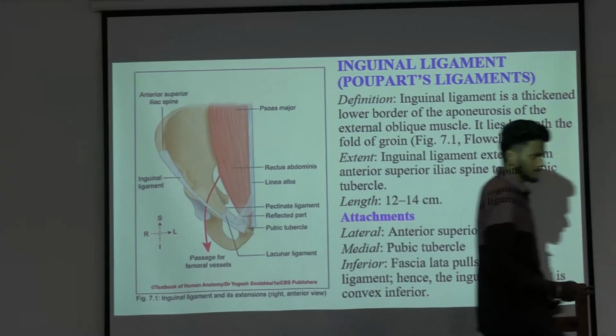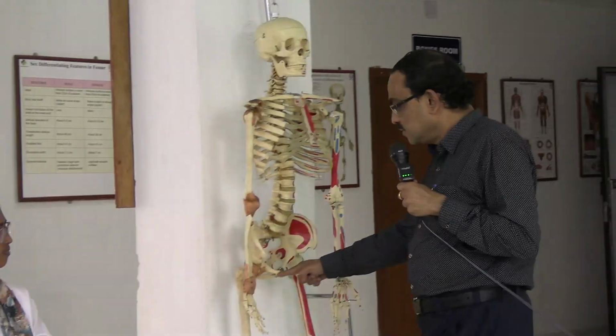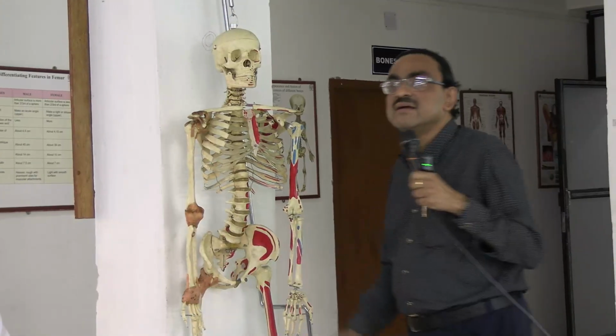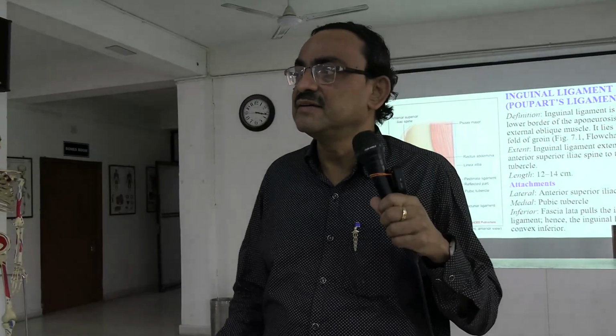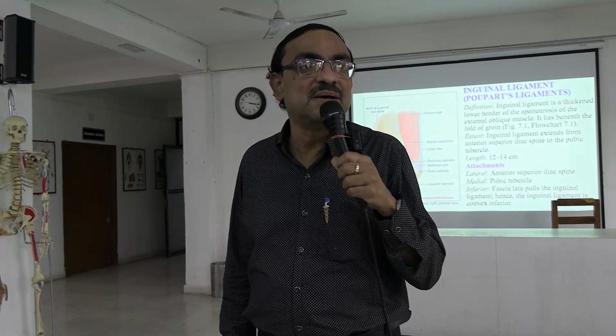And in between, from here to the pubic tubercle, we are getting a ligament. That is nothing but the part of the external oblique muscle.